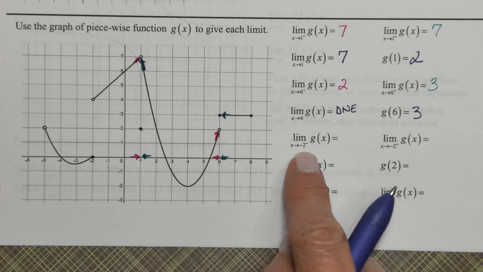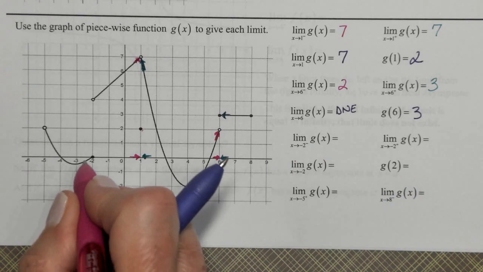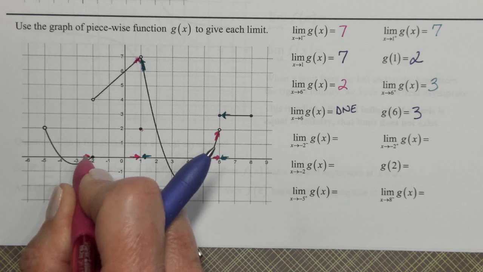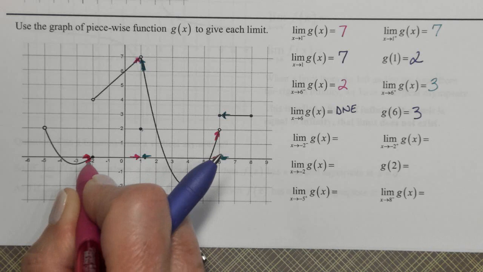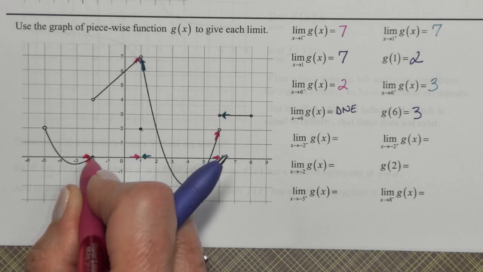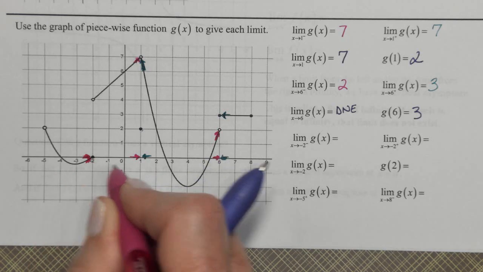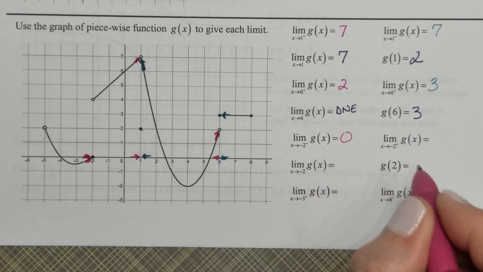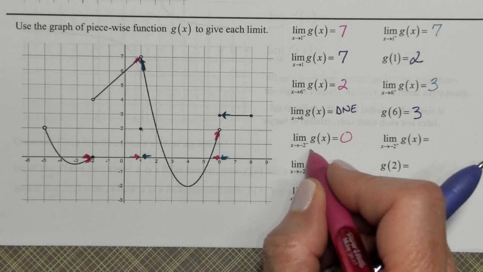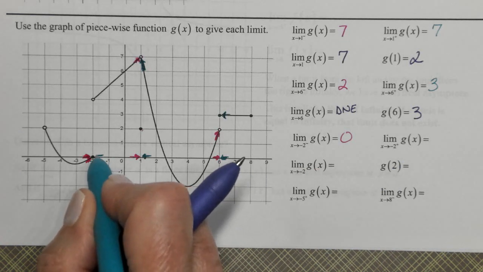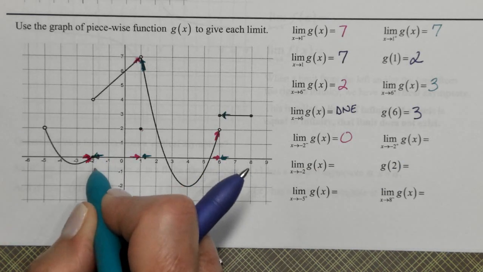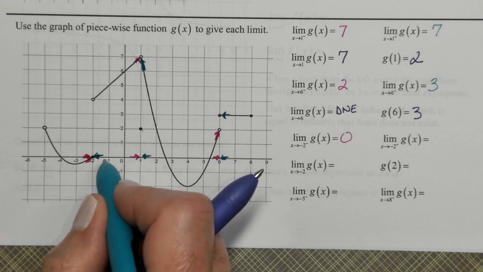Let's approach -2 from the left. As x approaches -2 from the left, the function value is approaching 0. It thinks it's going to go to 0. Whether or not it gets there, we don't care when we're talking about a limit. Let's approach -2 from the right.